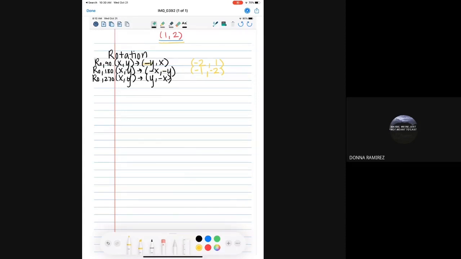And if I wanted a rotation of 270 degrees, again, I would switch the x and y coordinates and then negate the x because it tells me to do that there. Are there any questions still about rotation rules or rotations in general? Questions?